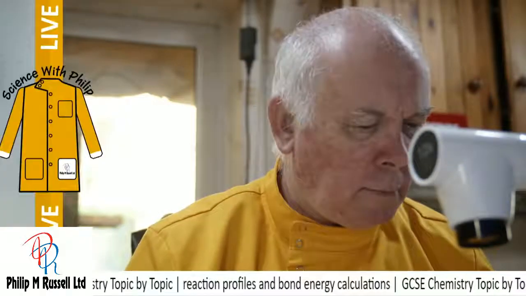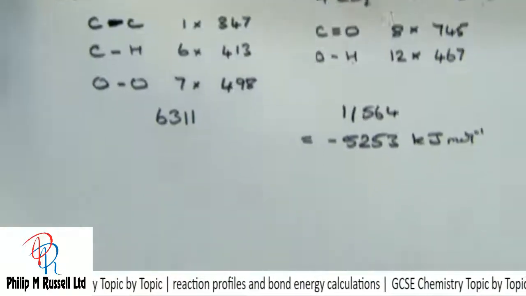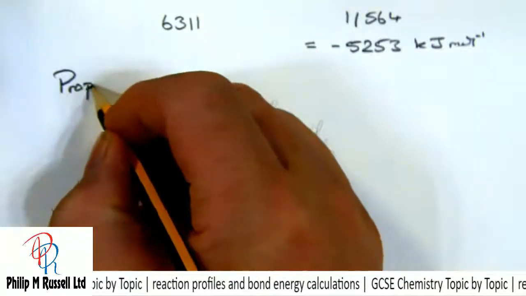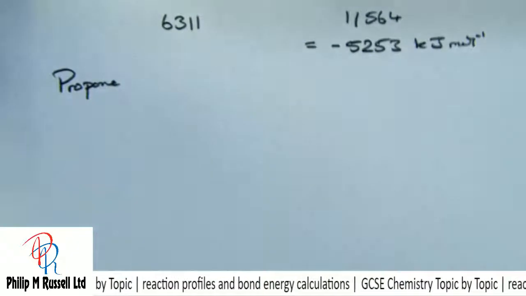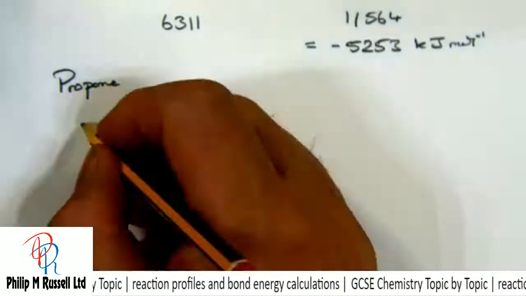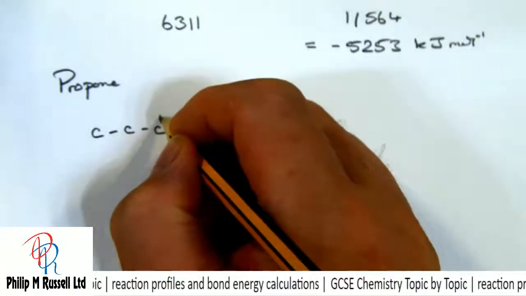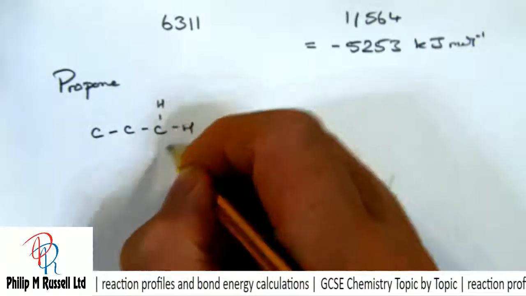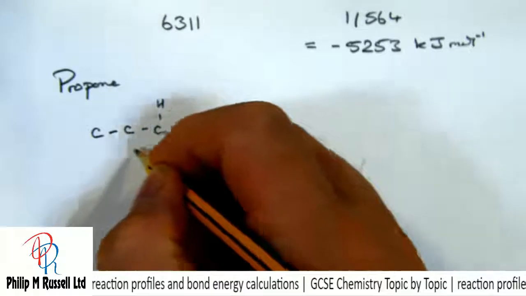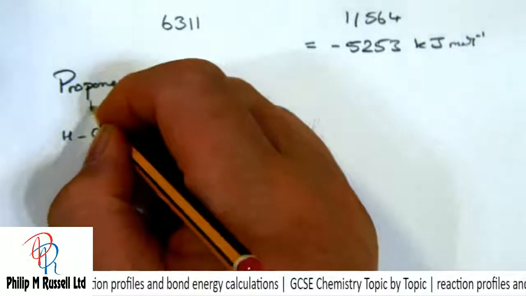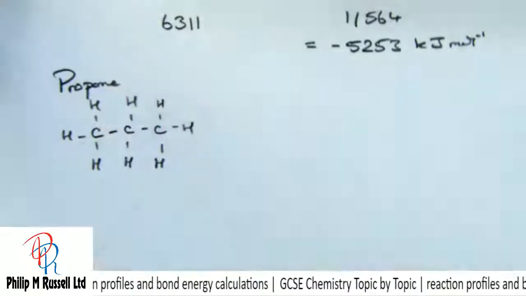If we look at one more, and I'm not going to do this one, but I look at propane, then the difference between ethane and propane is that it's got simply an extra few bonds.